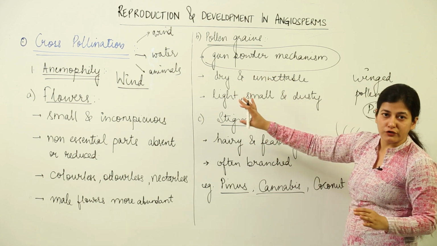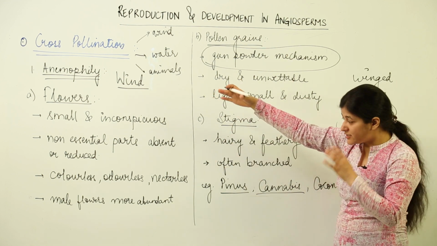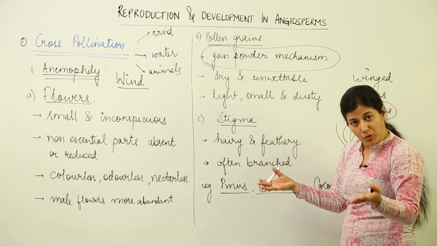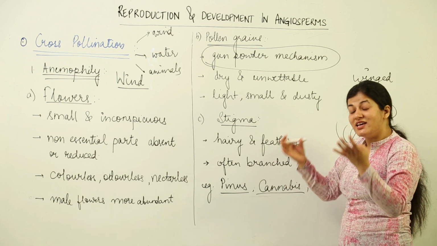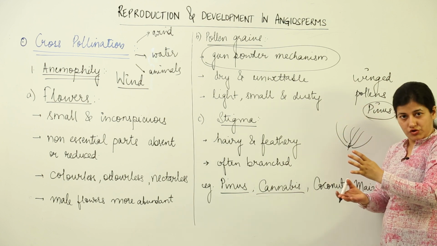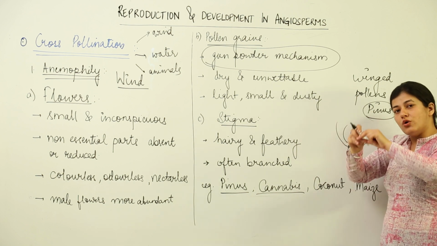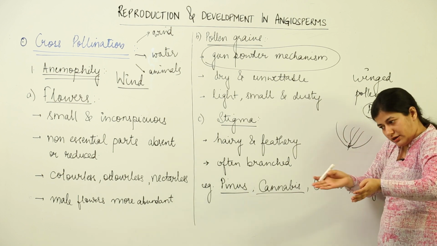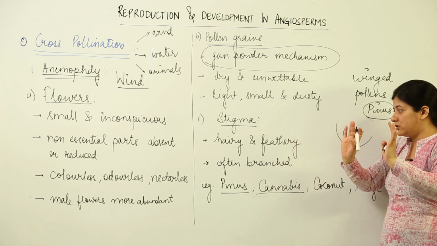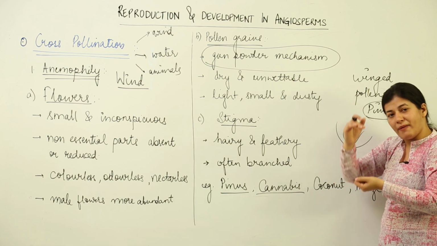Anemophily is highly wasteful in terms of pollens. So whichever flower adopts this method for cross-pollination prefers to produce a large number of pollen grains. Secondly, in order to enable the best usage of this agency, the stigma or the inflorescence is such that the female flowers are well exposed, and they have a compact inflorescence.